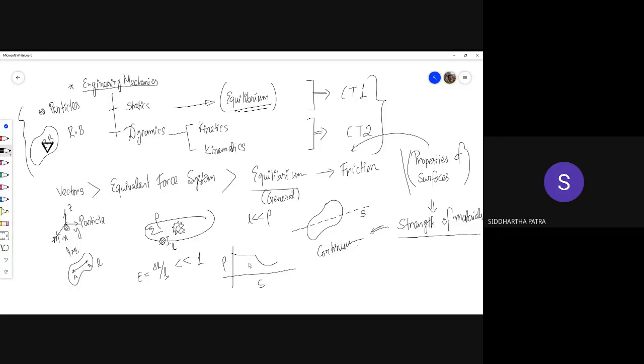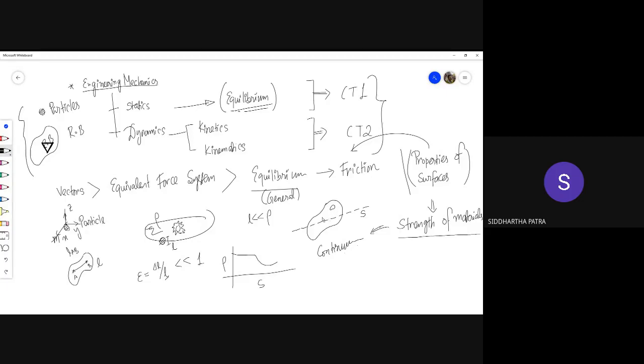But if you really think about it, an object would be made of atoms and molecules, and that is in the angstrom level, that is 10 to the power minus 10 meters. But you don't have to go to that level. Even in the micron level, 10 to the power minus 6 meters, there are things called grains, which are basically a stack of atoms.